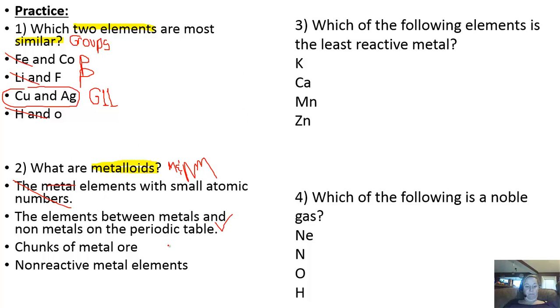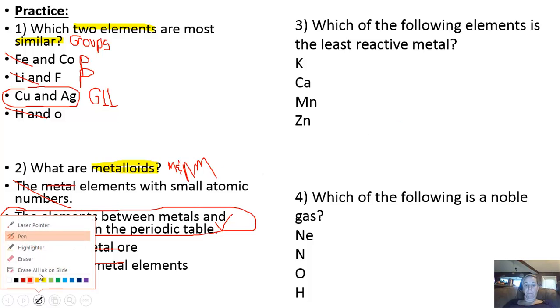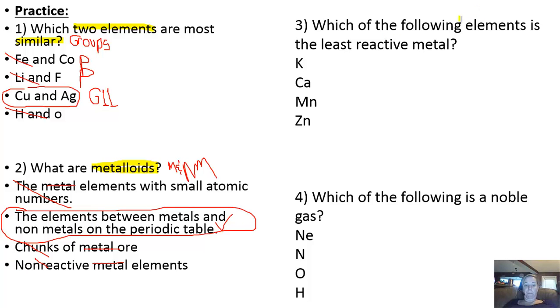All right, here we go. Highlighter. Which of the following elements is the least reactive metal? Well, I know that any metal that's in group 1 or 2 is going to be very reactive. So let's find potassium. Potassium is a K. Is it in group 1? Yes, it is. Therefore, it is very reactive because it is in group 1.